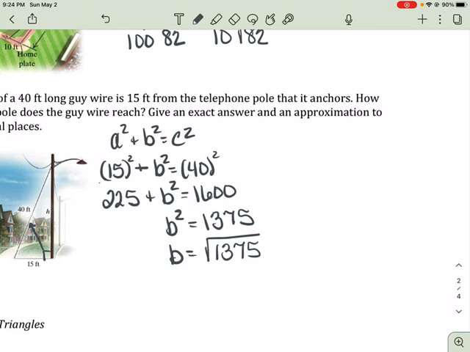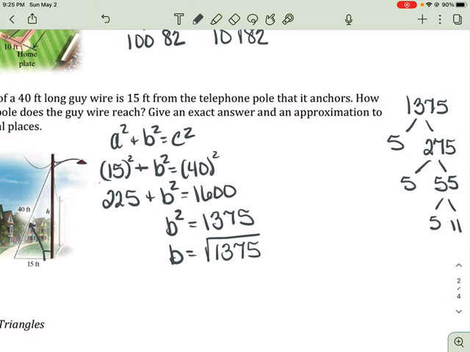Okay, so we're going to have to break down 1375. All right, 1375, we know it's divisible by 5. So that's 275. Let's do another 5. So that's 55.